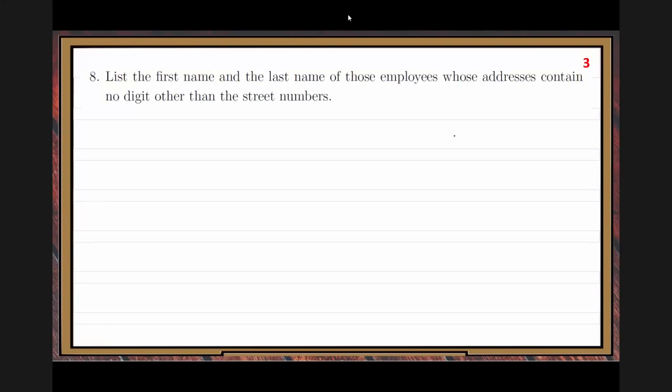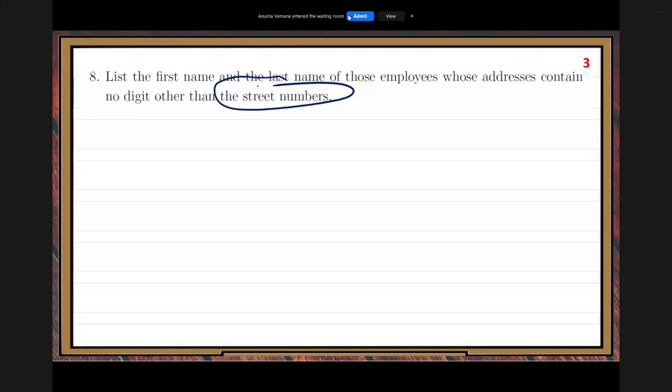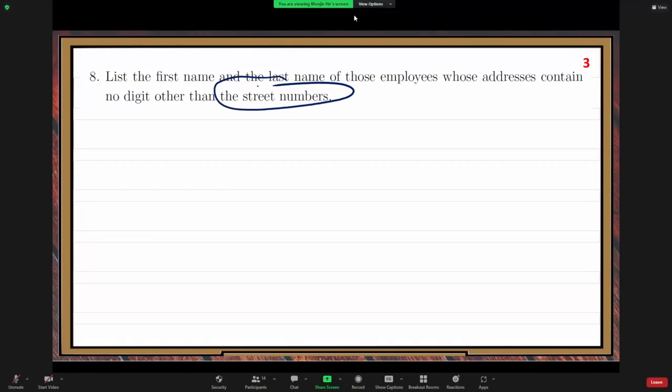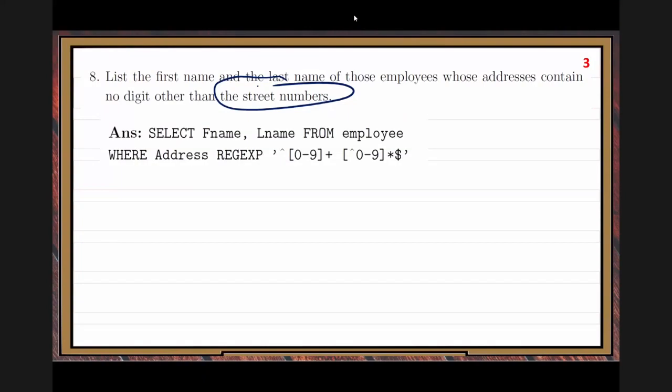The first part, we have the street number. So your pattern should include the street number part. Then the remaining part, no digit, 2 parts. But so many students missed the street number part. If we use the regular expression, you can see the street number part, the digit when you start, then the plus sign, remember the plus sign.